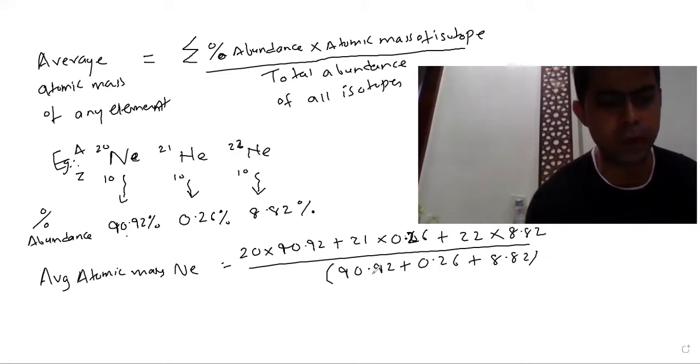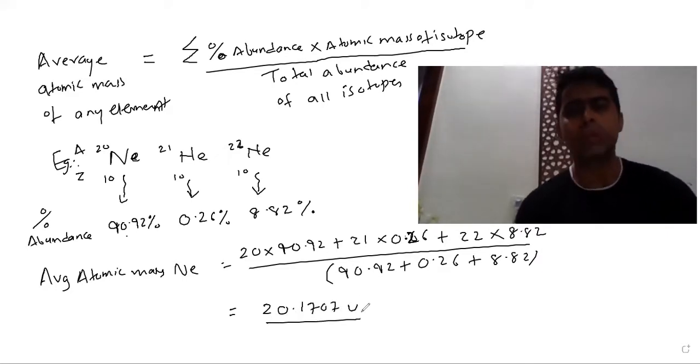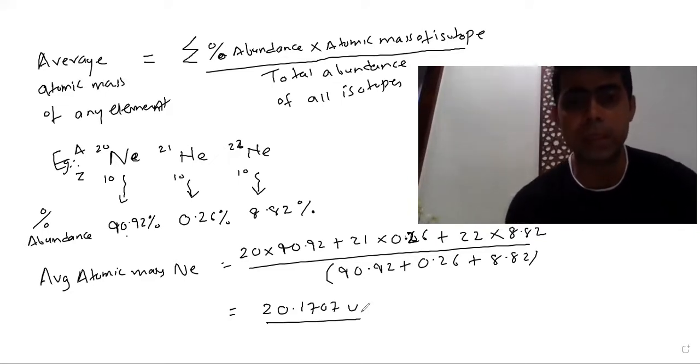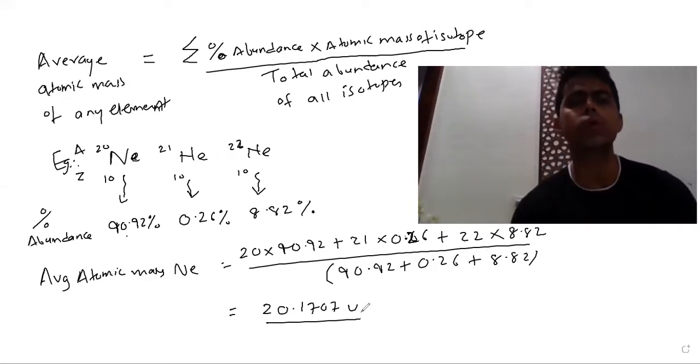So when you divide this, that is equivalent to 100, which is the total percent, obviously. That is equal to 20.1707 u, AMU or u. So this is the average atomic mass written in the periodic table, and this is how you're going to calculate it.